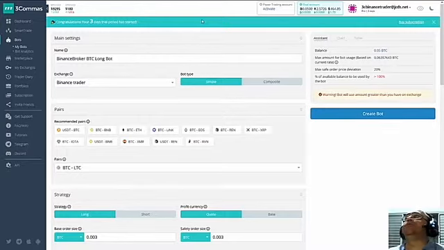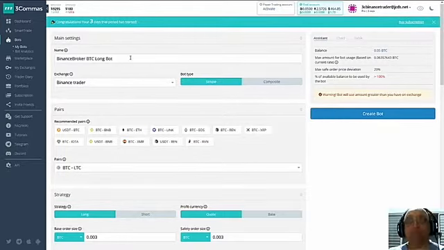A paper trading is like a virtual exchange account, so you will work with virtual money, and if you lose anything, you are not losing anything, okay? So it's a good choice. Right now I can proceed with the creation of my bot.